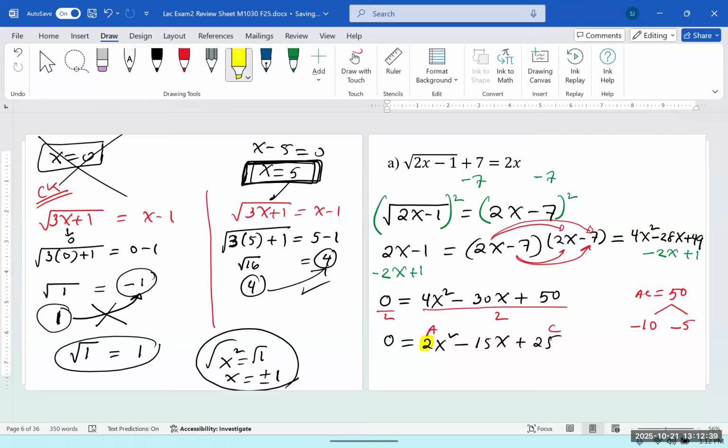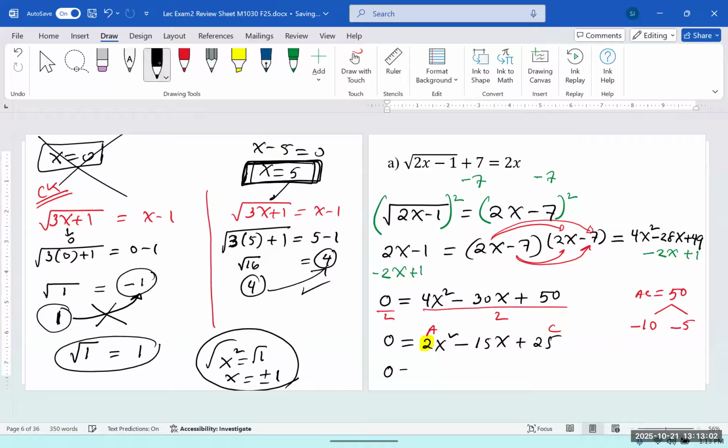AC method means you multiply A with the C. So A is 2, C is 25. What is 2 times 25? 50. And then you split the 50. Two numbers multiply to 50, but combine to 15. That's the AC method. So we know it's -10, -5.